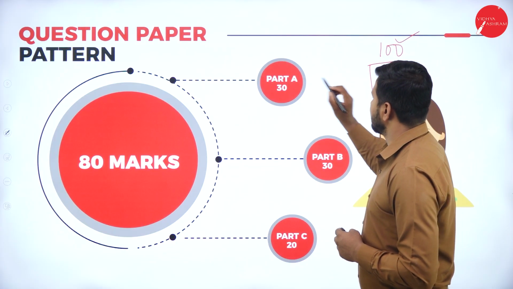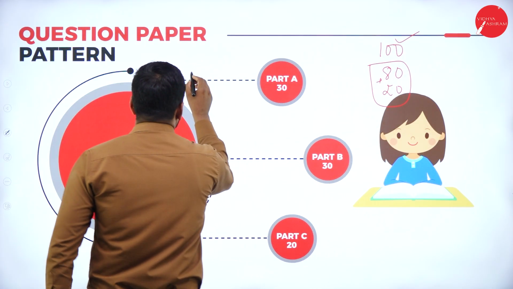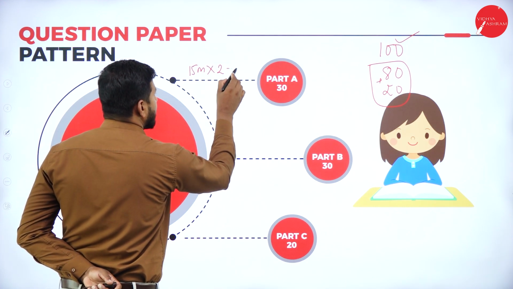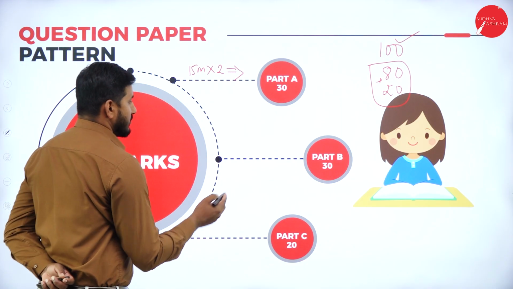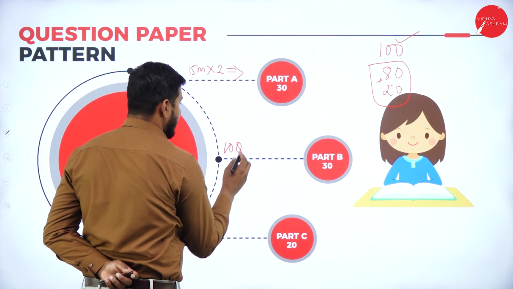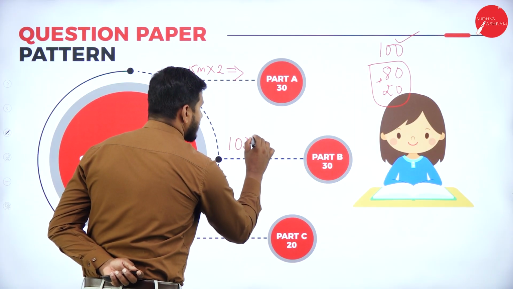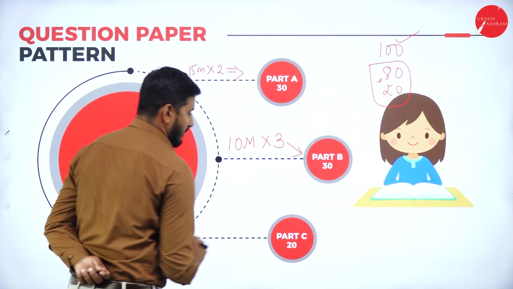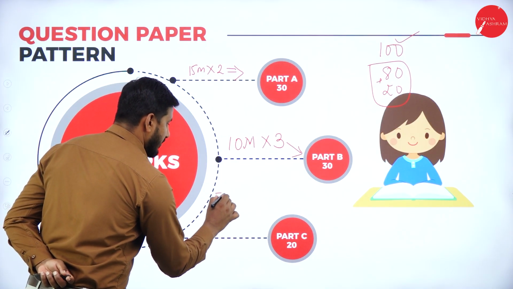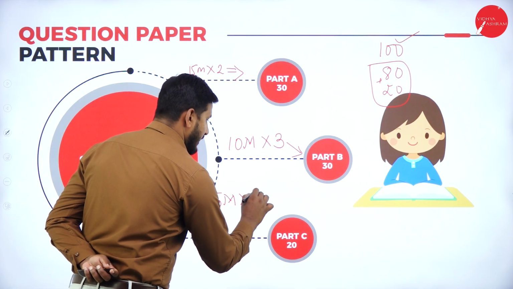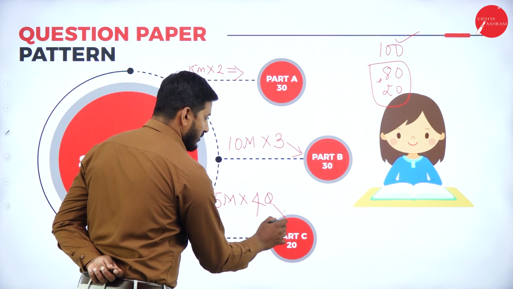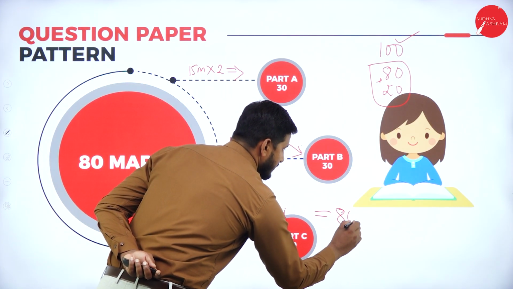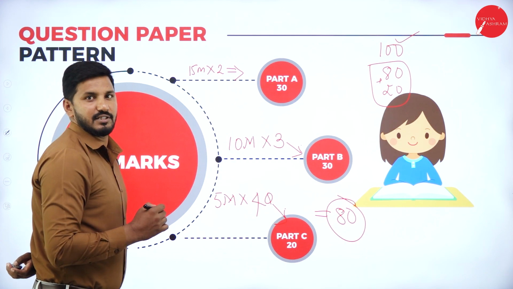In part A, 30 marks, there will be 15-mark questions, and we have to write 2 questions, so you will get 30. In part B, there will be 10-mark questions, and we have to write 3 questions, so you will get 30 marks. In part C, 5-mark questions, we have to write 4 questions, so then 20 marks. By adding all these 3, a total of 80 marks we are supposed to write in the main examination.